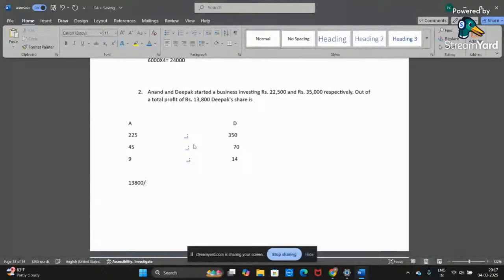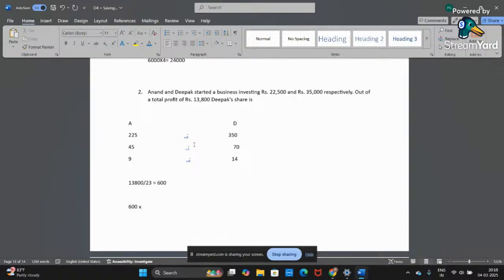Now the total profit is 13,800. We have to divide 13,800 by the sum of the ratio. What is the sum of the ratio? 14 plus 9. So 14 plus 9 is how much? 23, right? So what will we get? 13,800 by 23 will get how much? 600. So to find each one's profit, we have to multiply this answer with the ratio.